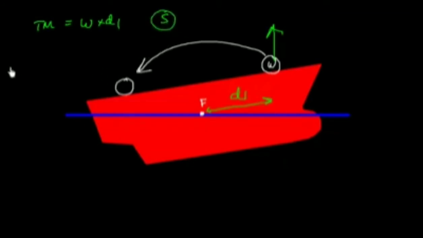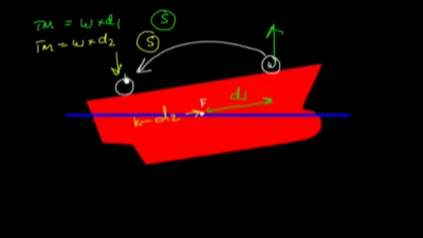Now if I load this weight here like this, its distance is, let's say, D2 from the center of flotation. So my trimming moment is going to be W into D2, again by astern, because here the aft draft is increasing and the forward draft is reducing.